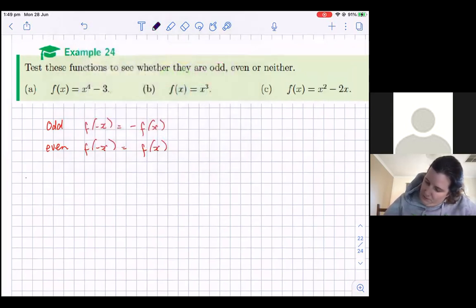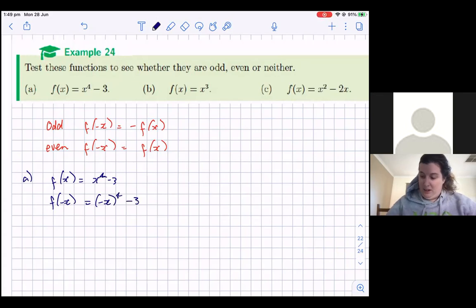So if I've got f of x is x to the 4 take 3, if I chuck in negative x, then I've got negative x to the 4 take 3, but negative x to the 4 is just the same as x to the 4 because it's to an even power. So I've got x to the 4 take 3, so it's even because that's the same as what we started off with.